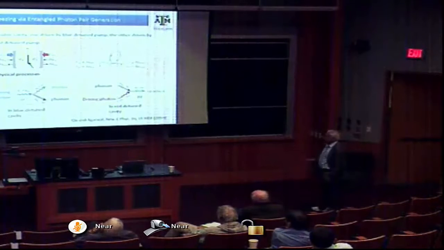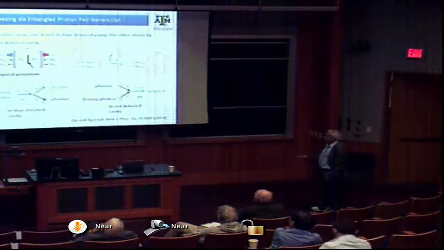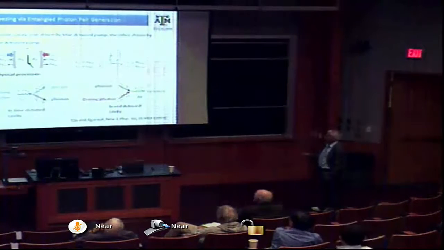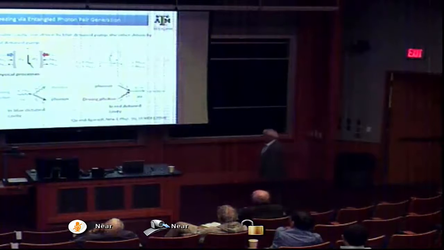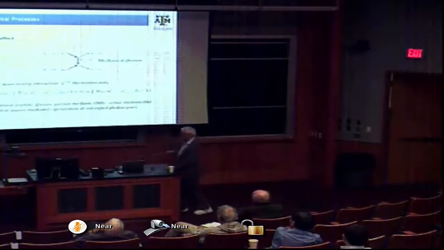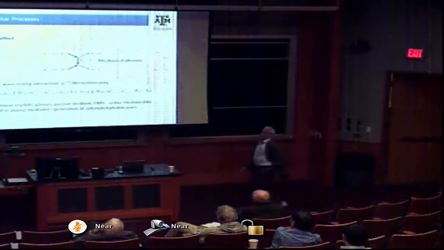So this way we have generated a photon pair. This one is omega c plus omega, this one is omega c minus omega. And this photon pair is entangled.